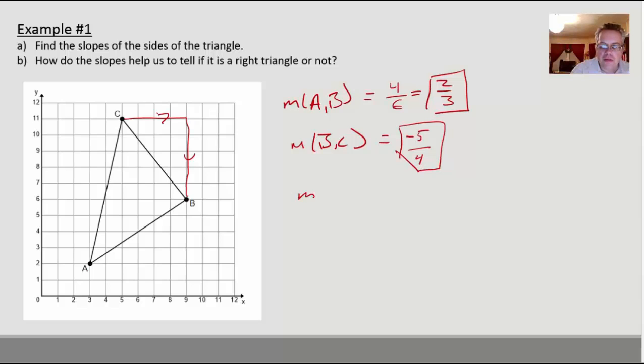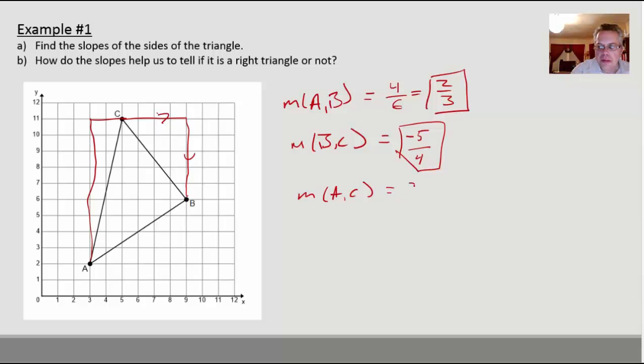All right, let's check out the slope between A and C. Between A and C, we go up quite a ways, and then we go over. So we go up 1, 2, 3, 4, 5, 6, 7, 8, 9, and over 2.